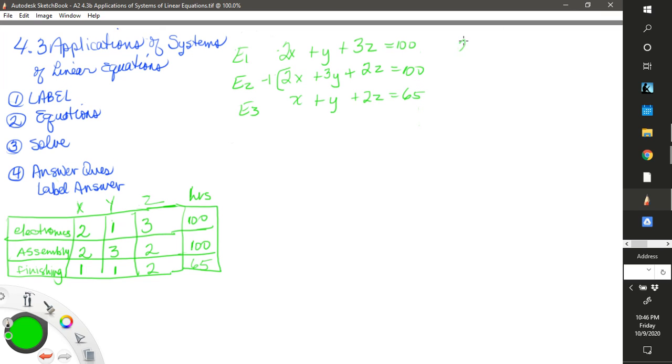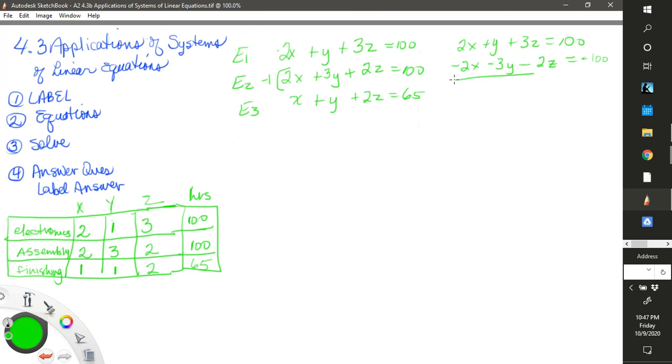So we get 2x plus y plus 3z equals 100, and we get -2x minus 3y minus 2z, and that equals negative 1 times 100, a negative 100.